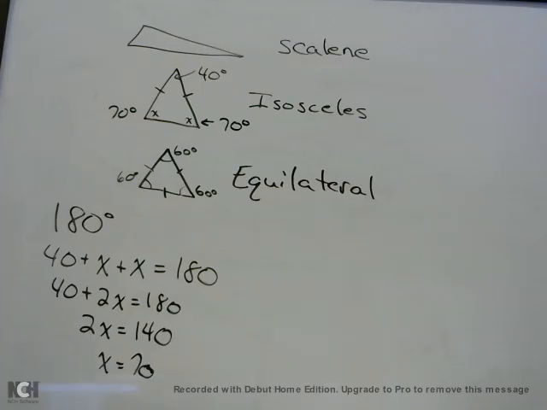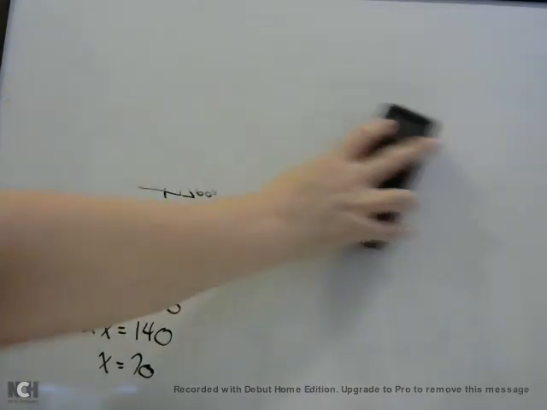Okay, the last type of problem that I'm going to show you has to do with vertical angles and triangles. There was a video on vertical angles on the Facebook page, so if you haven't watched that, please watch that before we do this.